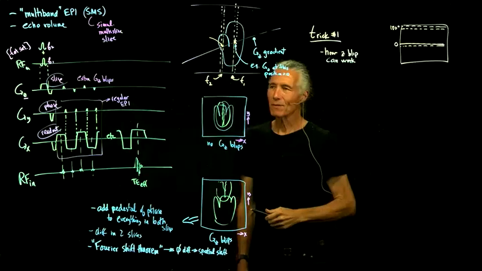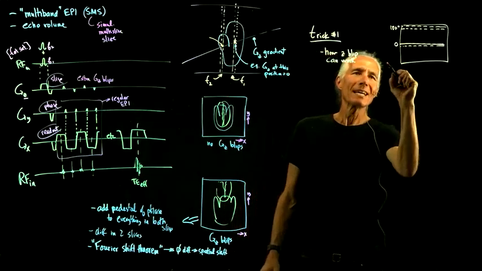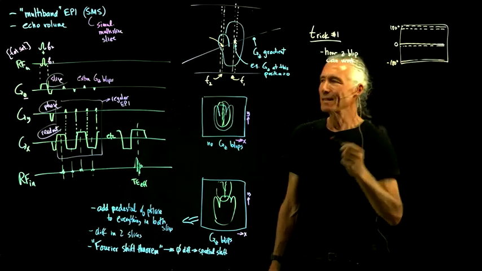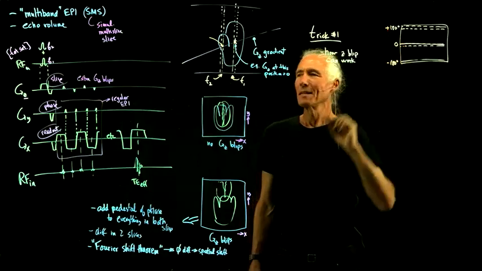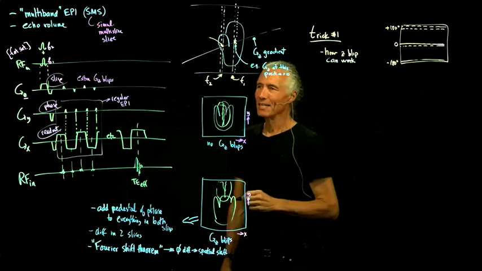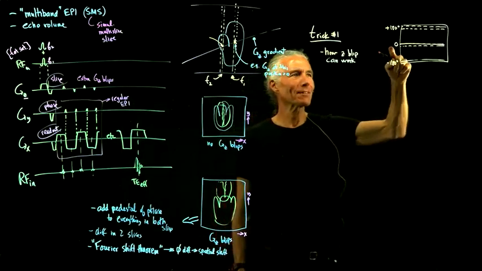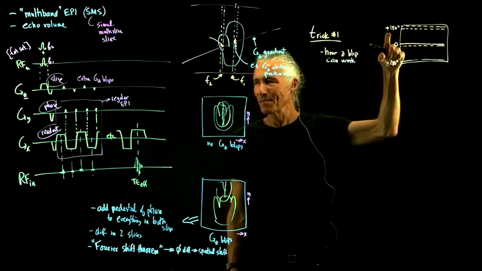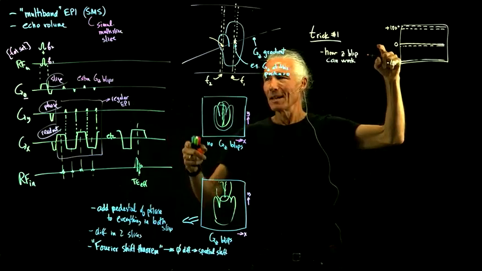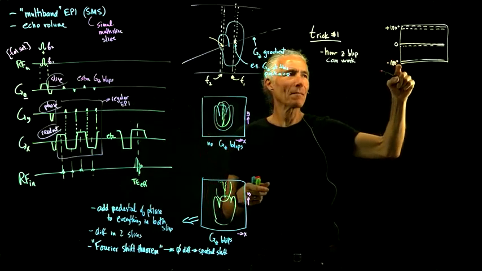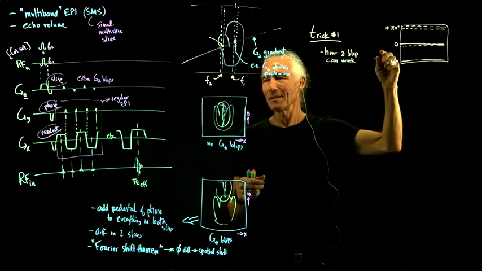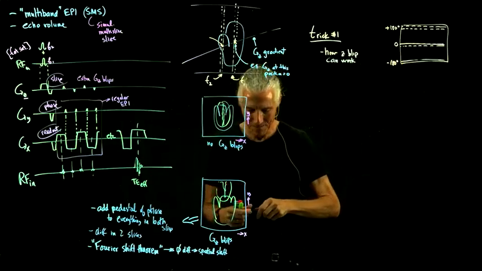That's convenient because a negative 180 degree flip is exactly the same as a positive 180 degree flip, so it doesn't matter if we go up or down. So that's trick number one. It's very specific. It only works for the center of the gradient and the slice that's off there. But you can see that you can blip up and down and not mess things up, and get the same result for blip up and down for a slice that's offset, and then get no effect on the slice that's in the center.